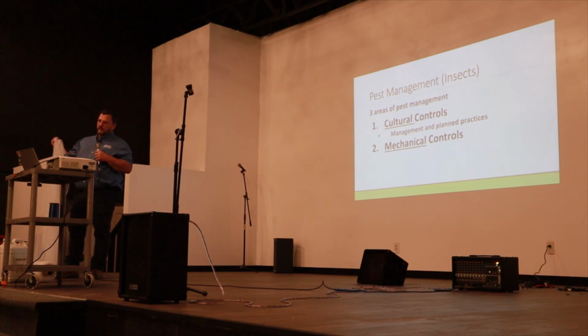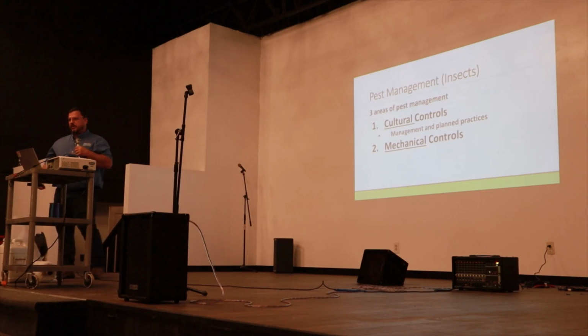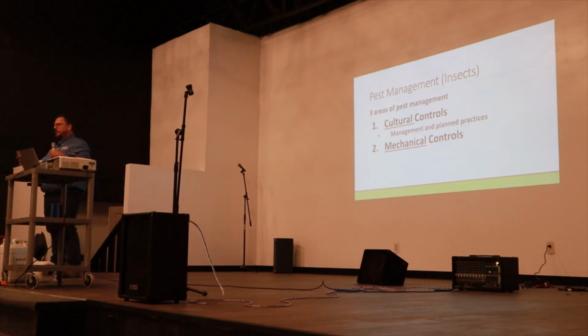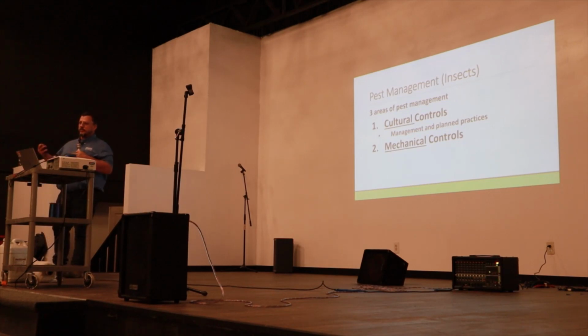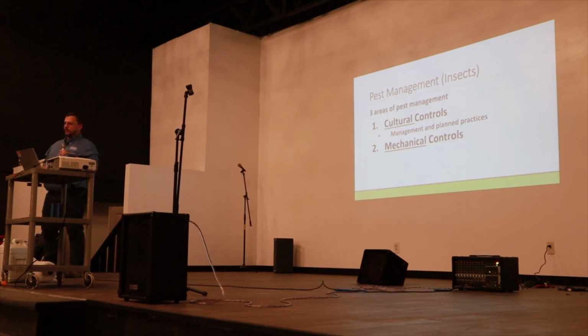This is a really valuable tool if you're growing cole crops, cabbage and broccoli and kale and stuff like that, because most of our pests for those crops fly onto the plant. If you can keep that moth off of your plant, it can't lay eggs, and then the larvae or the caterpillars can't eat your cabbage. So this is a mechanical means for controlling those pests.